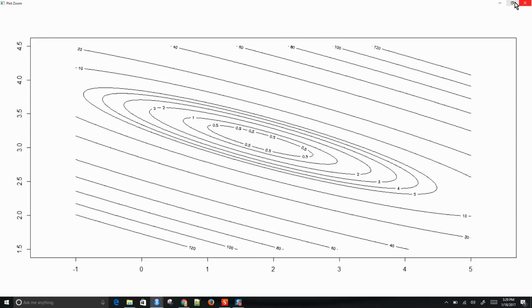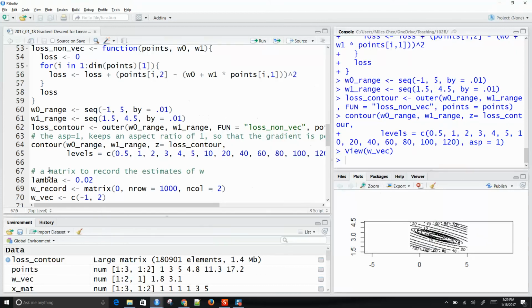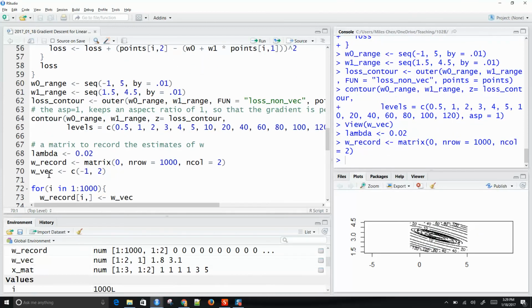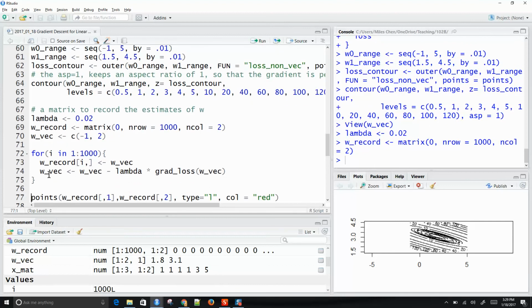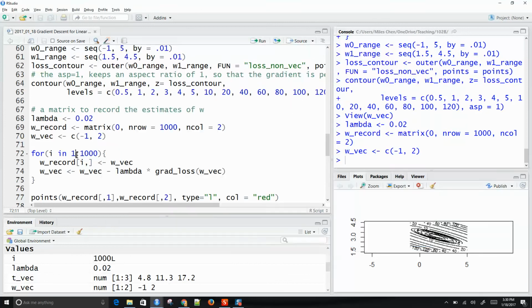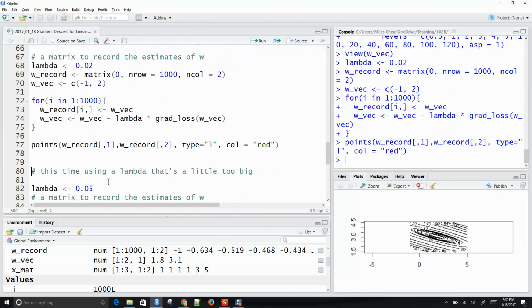And so here I can illustrate wherever I start. This is all code to illustrate where I started. I'm going to start off at -1, 2. I'm going to start at this point, and we're going to take a whole bunch of little steps, okay? And I'm going to plot those steps.